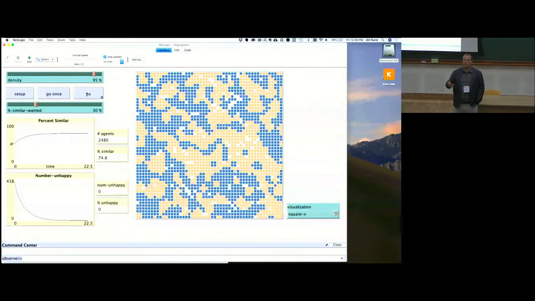Except that once he had the computer version, he could run it a lot faster, run it many, many more times, and try it in a lot of different circumstances. You could imagine how long it would have taken me if I was moving 2,500 agents around on a checkerboard up here to demonstrate this to you.